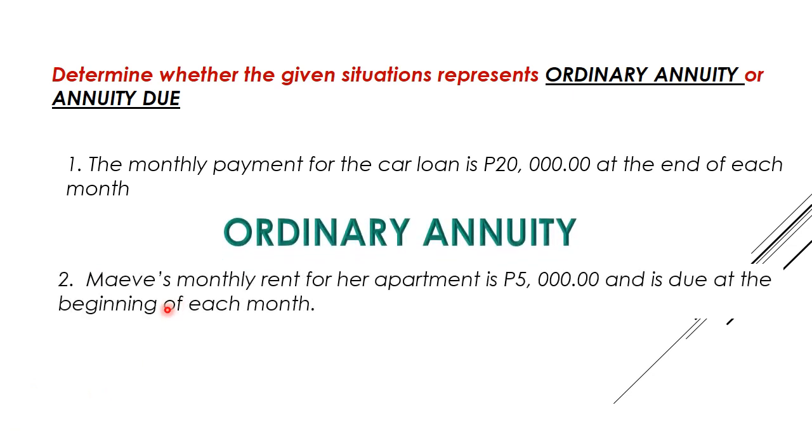Next, May's monthly rent for her apartment is 5,000 pesos and is due at the beginning of each month. Since the payment is made every beginning of the month, we can say that it's an annuity due. Alright, that's how we determine whether it's a simple annuity or general annuity, or if the situation is an ordinary annuity or annuity due.